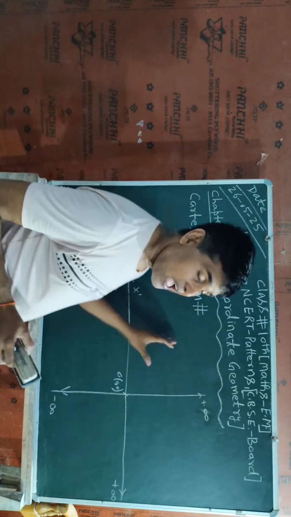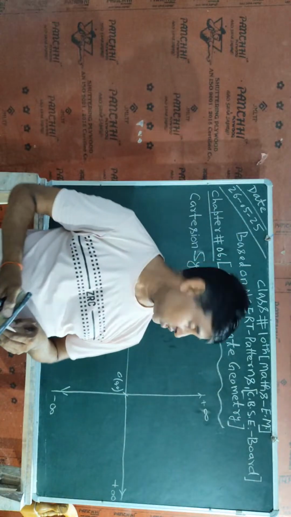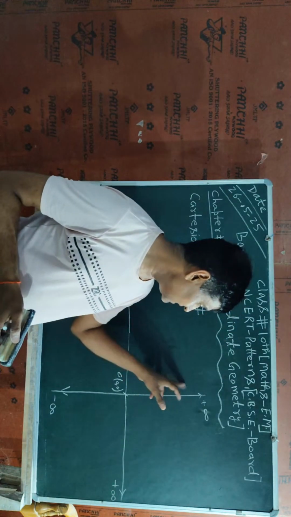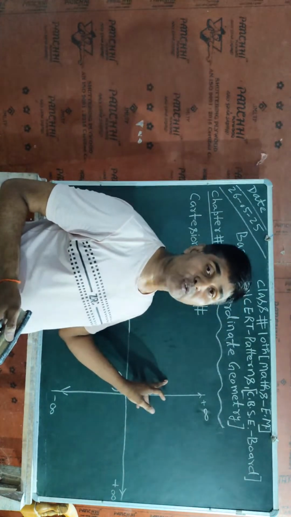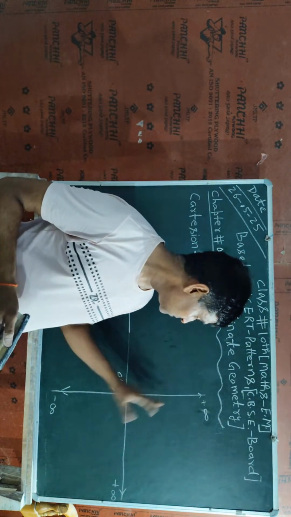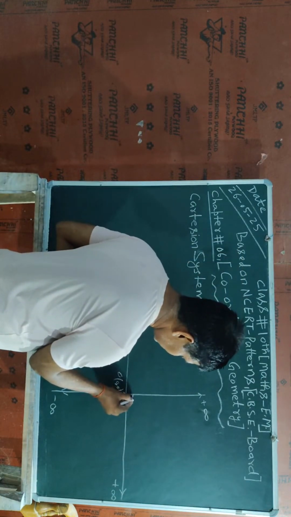Both lines are perpendicular to each other. It means that one line is perpendicular to the other line, and the other line is perpendicular to the first line. It means the angle between these two lines will be 90 degrees.